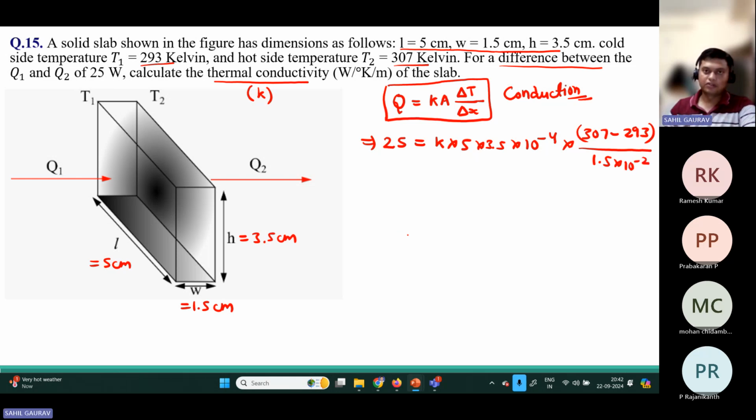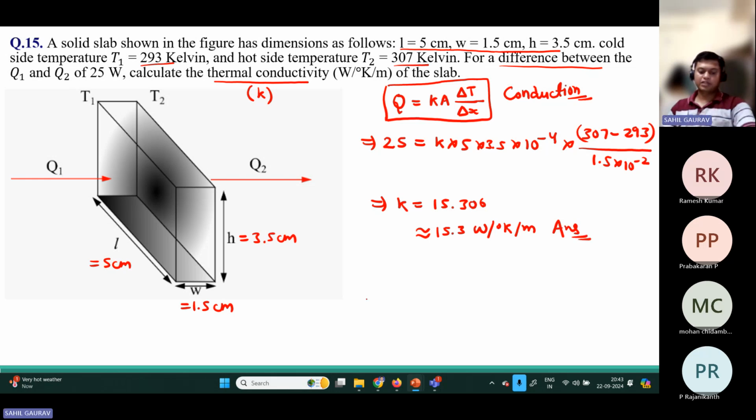So if you do it, then you will get the thermal conductivity value as 15.306, approximately equal to 15.3 watt per degree Kelvin per meter.